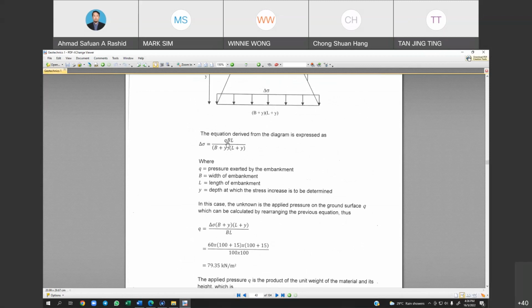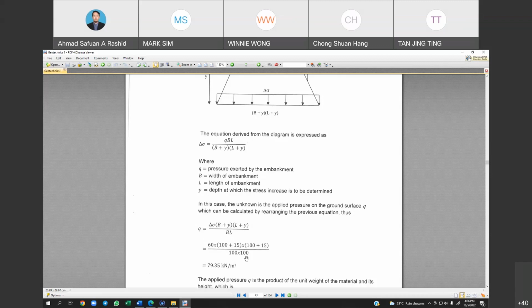The Q should be put on the left while the delta sigma will be moved to the right. This is the new equation. Delta sigma is equal to 60, B is equal to 100, plus Y is equal to 15, L is equal to 100. 100 plus 15 over 100 times 100, which is equal to 79.35.